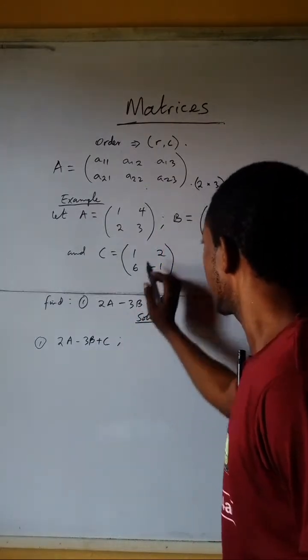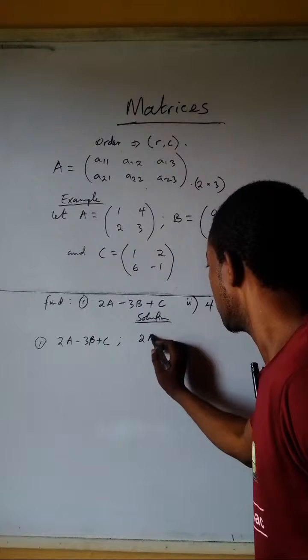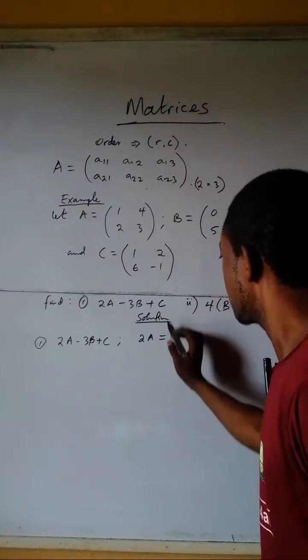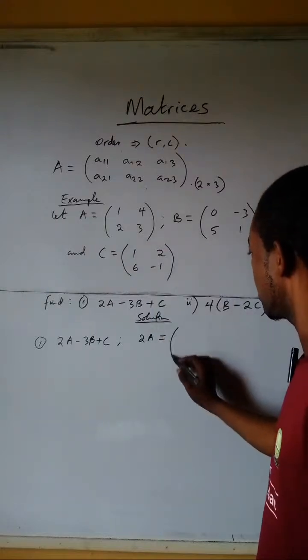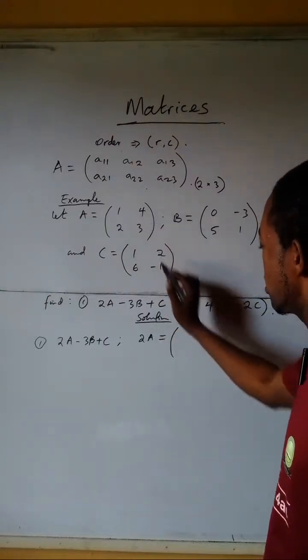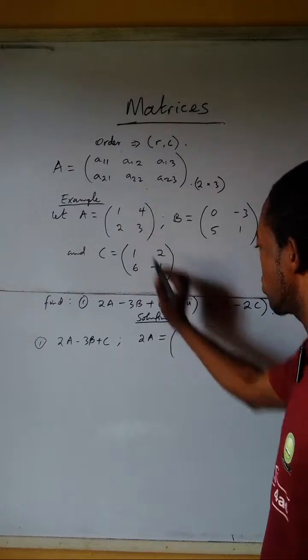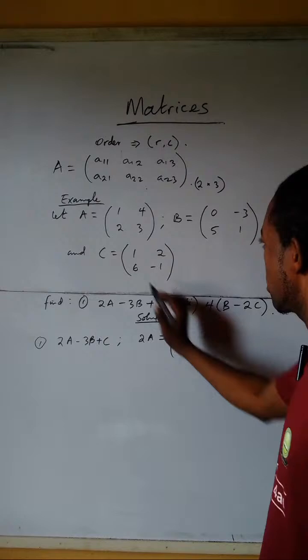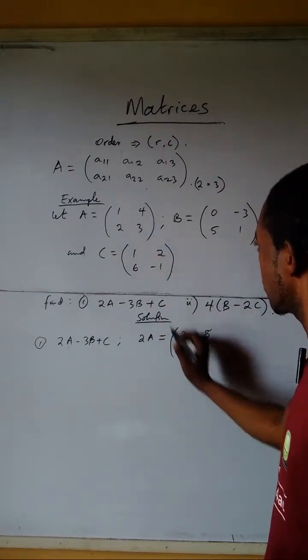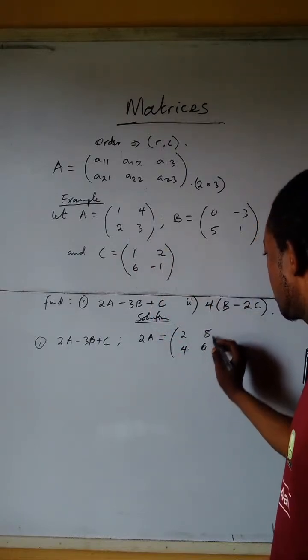Now, 2A will become 2 times A. That's scalar multiplication. Then 2 times A, that's 2 multiplying each of these elements. So 2 times 1, that's 2. 2 times 4, that's 8. 2 times 2, that's 4. 2 times 3, that's 6.